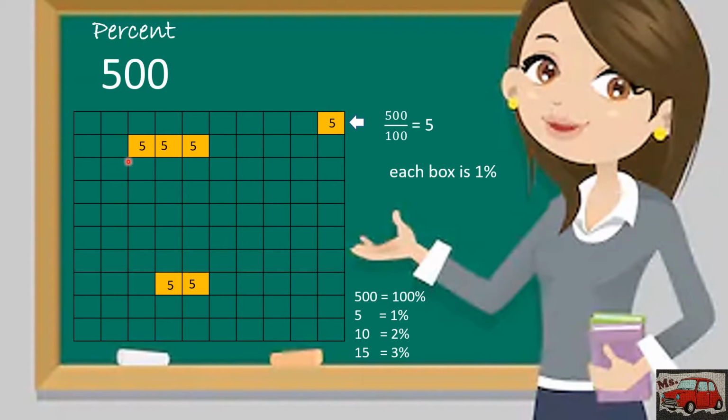Okay? Now, we have here 3 shades. So, yung 3 shades na to, equivalent niya sa percent ay 3%. Then, ang value niya is 15. So, ibig sabihin, yung 3% ni 500 ay 15. Okay?